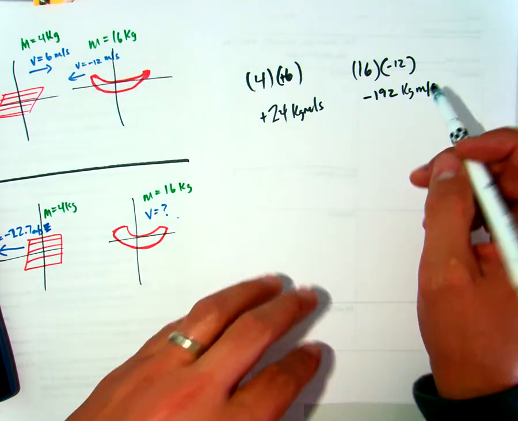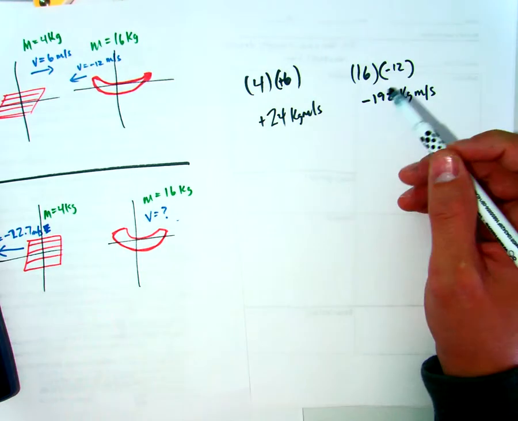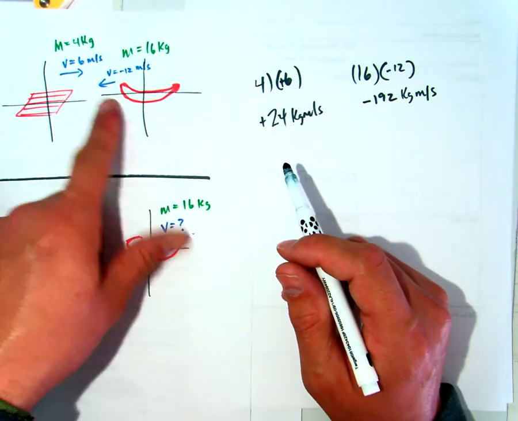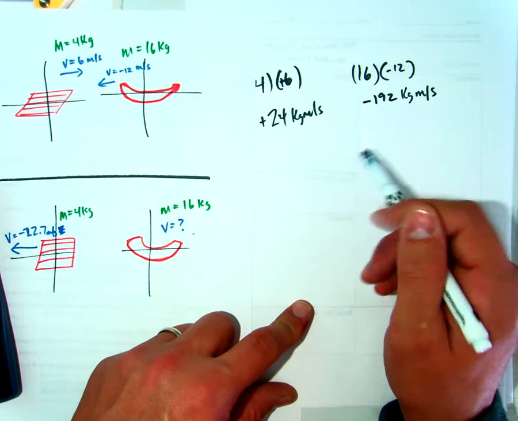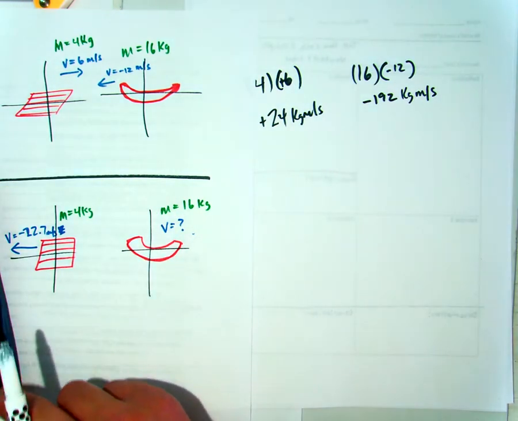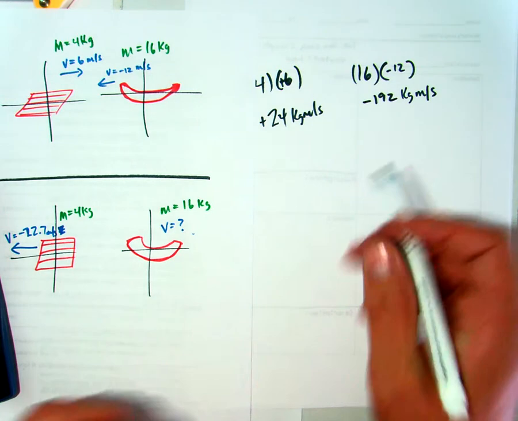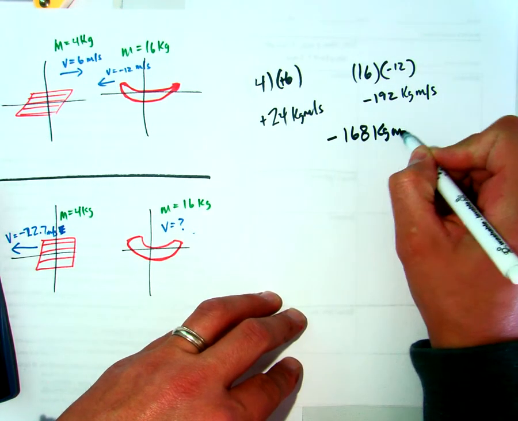So that is a lot of momentum moving to the left. It's negative, so that's a lot of momentum moving to the left. And then there's a small amount of momentum that's moving to the right. So actually, if I add these together, I'm going to end up with negative 168 kilogram meters per second.